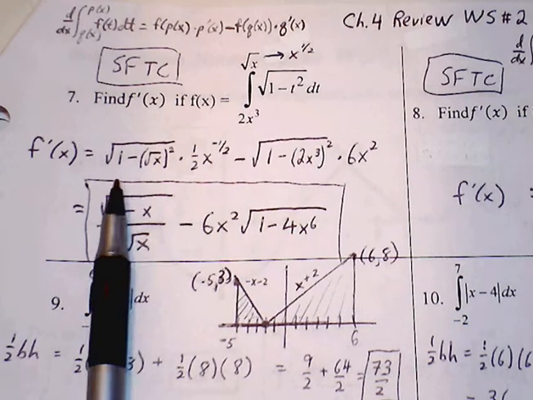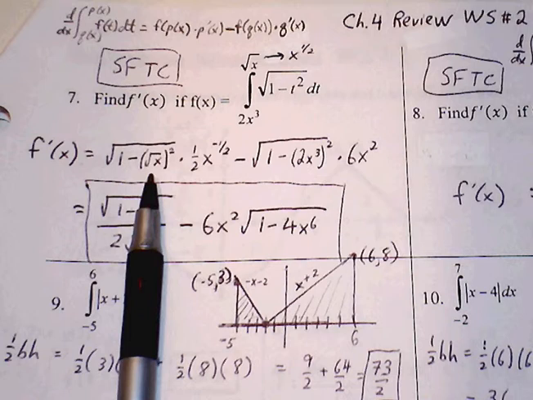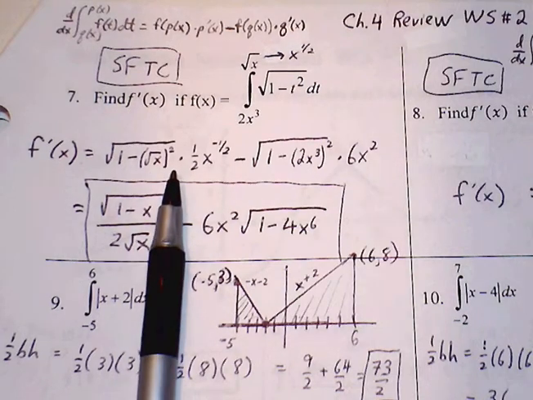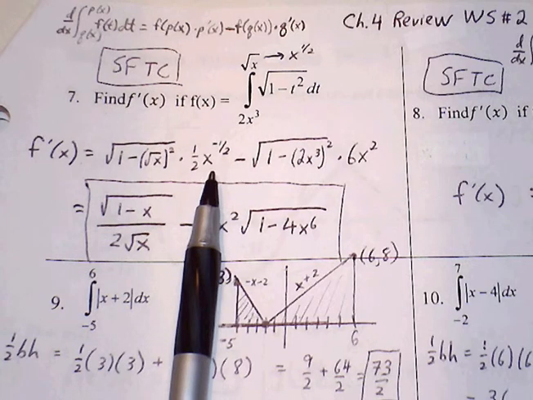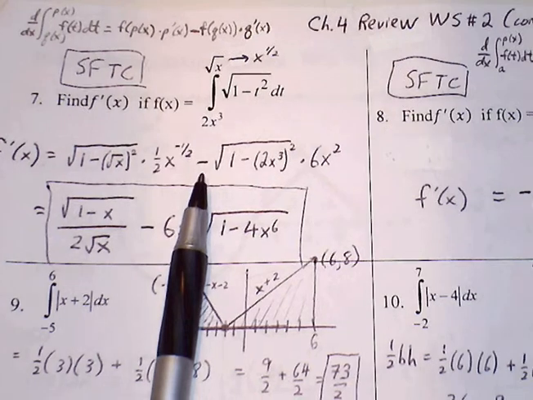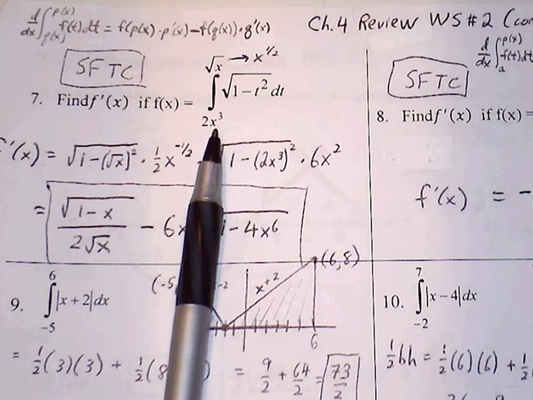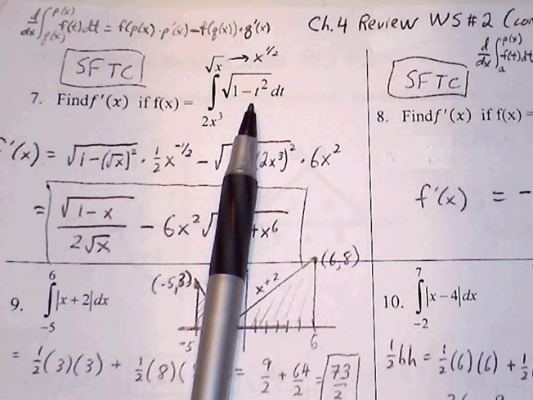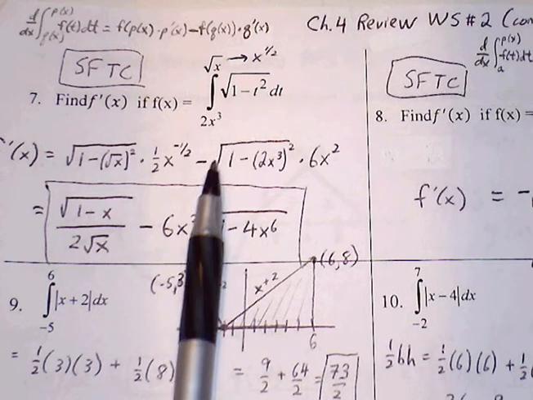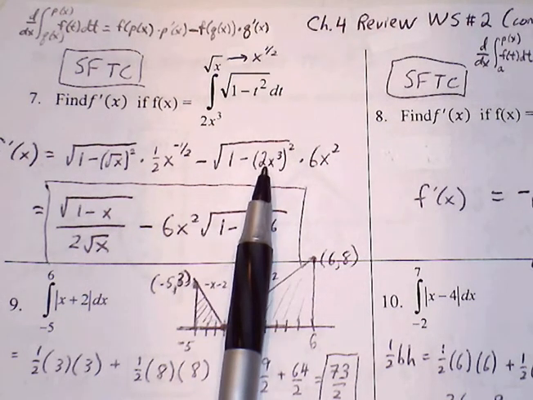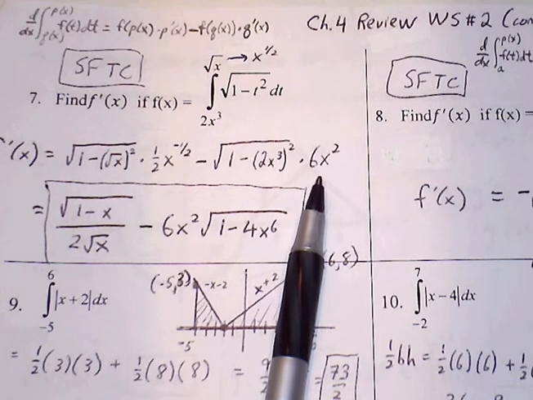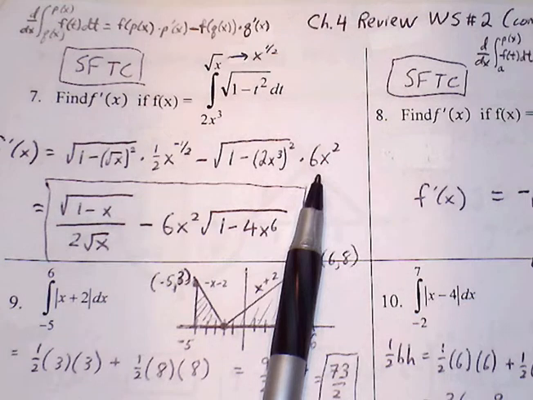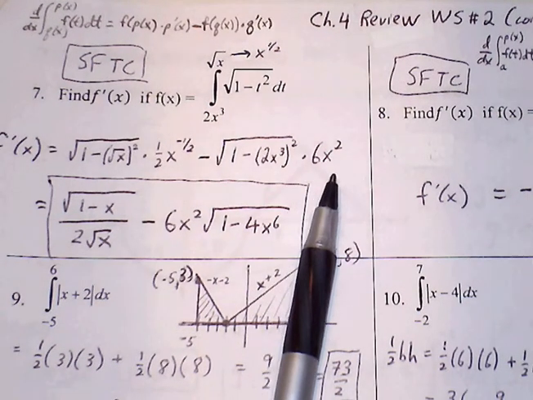So we have square root of 1 minus square root of x, quantity squared, times p prime of x, the upper bound's derivative, x to the 1/2 becomes 1/2 x to the negative 1/2, minus, now we plug the lower bound into the variable that we see within the original function. So square root of 1 minus 2x cubed, quantity squared, times the lower bound's derivative, so 2x cubed becomes 6x squared. Okay, so we have our solution.